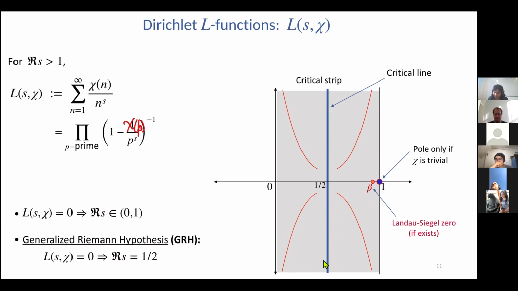And this region, these red lines that you see over here, this is the zero-free region. We know that there are no zeros over here for this function. No zeros over here. So they are only within these parabola types.